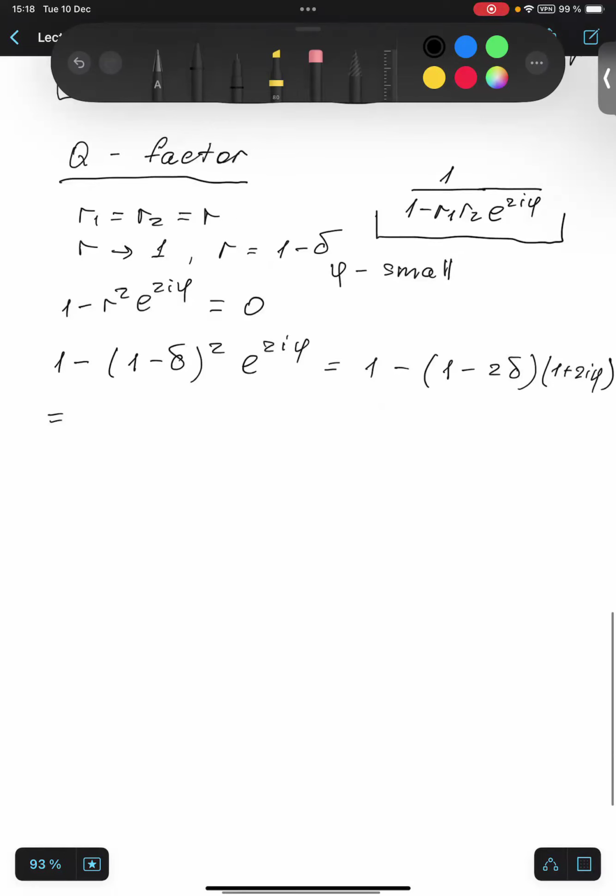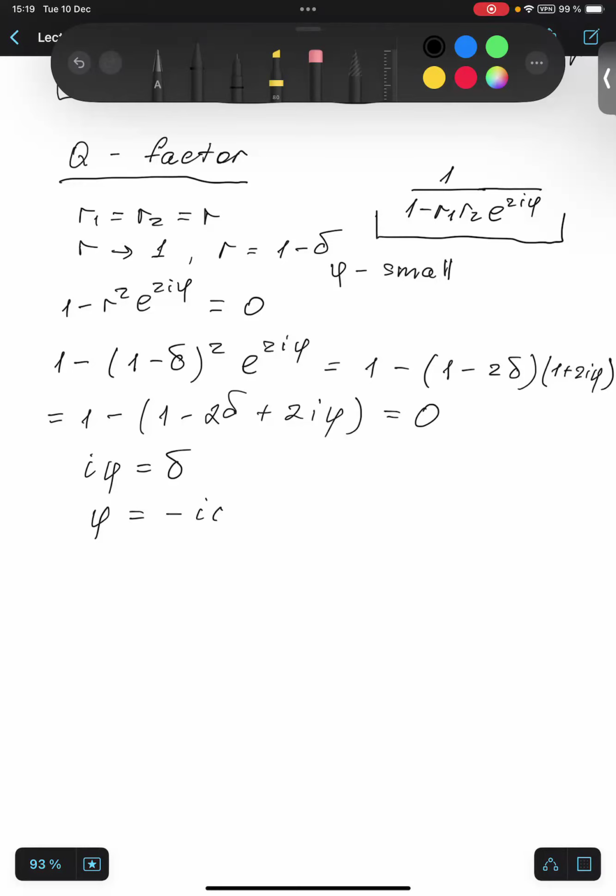So next, 1 minus 2 delta plus 2 i phi. We also neglect the term delta multiplied by phi because it's small, equal to 0. And here we obtain that phi equals minus i delta.